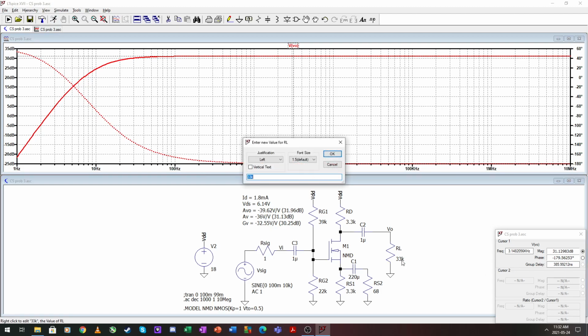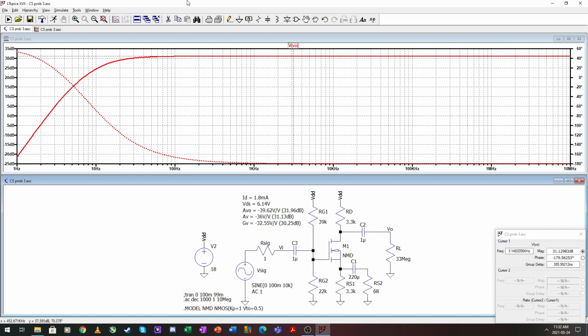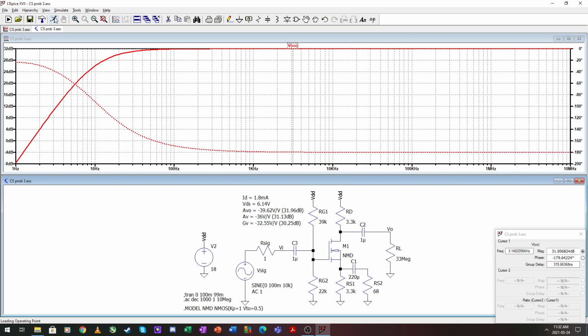And if we increase this to, let's say, 33 megs, it should also remain kind of close, 32 decibels. Okay, so this amplifier is designed for maximum voltage transfer in and out of the amplifier.